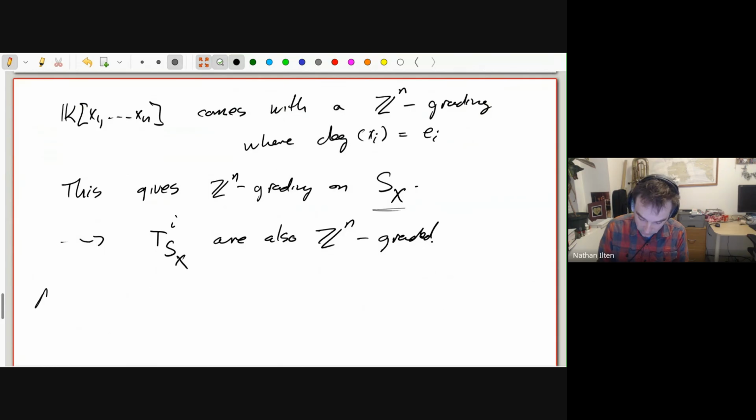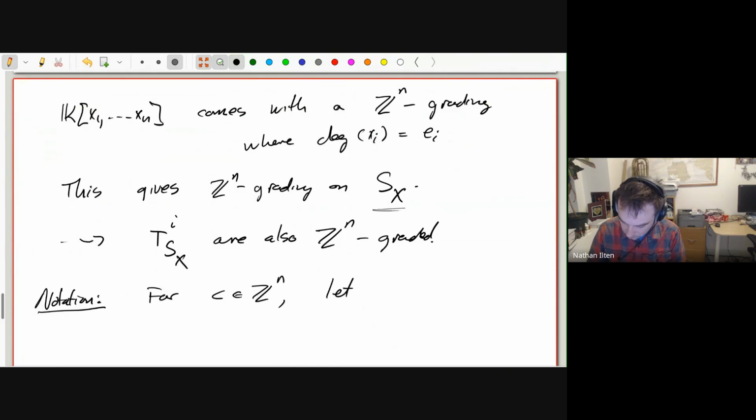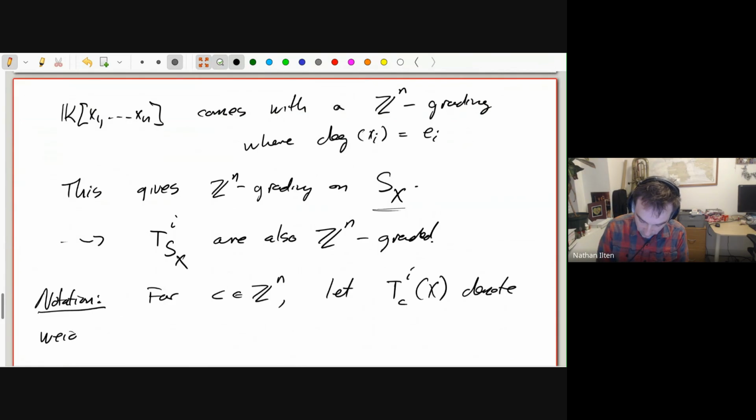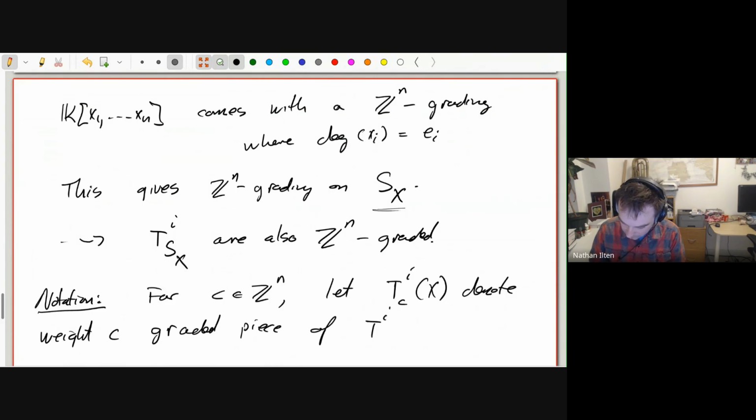Okay, so here's some notation. For some weight vector c in Z^n, we'll let Ti,c of x denote the weight c graded piece of Ti Sx.